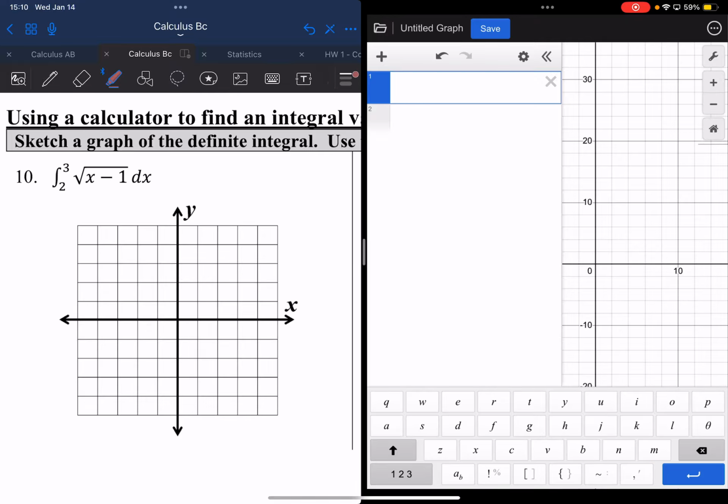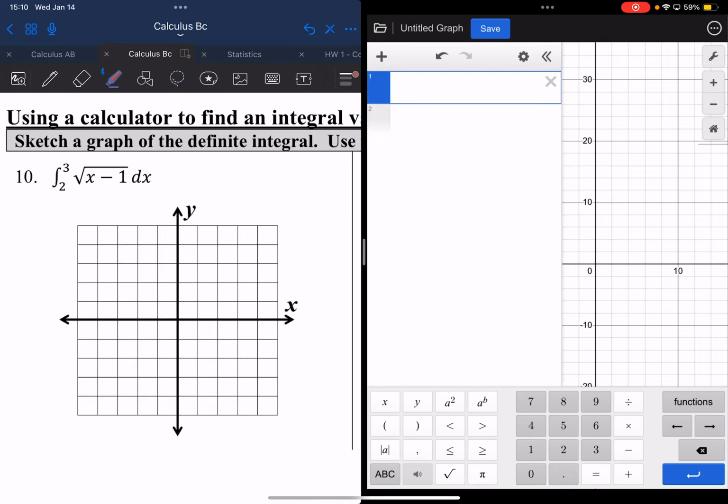Just write your function in there, square root of x minus 1. It looks like it's going off of 1 and then in the positive direction. Our integral here wants us to look from 2 to 3, so this whole space right here.